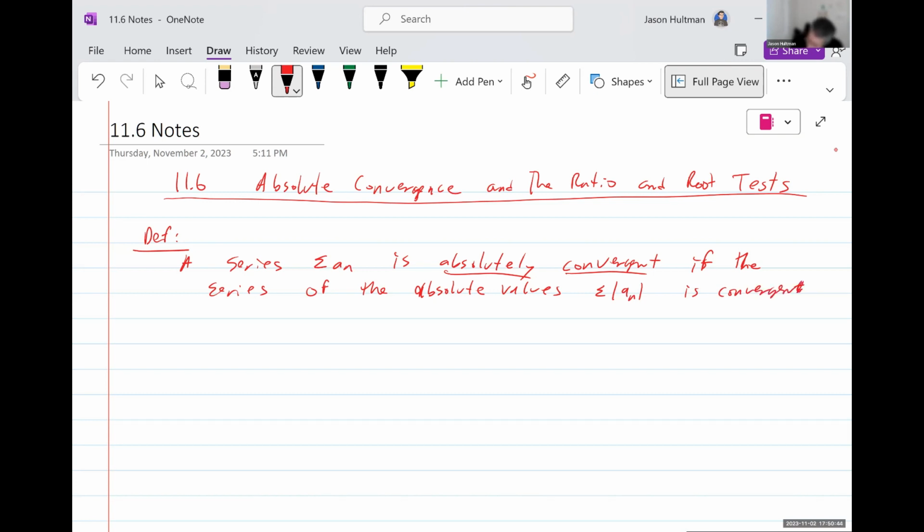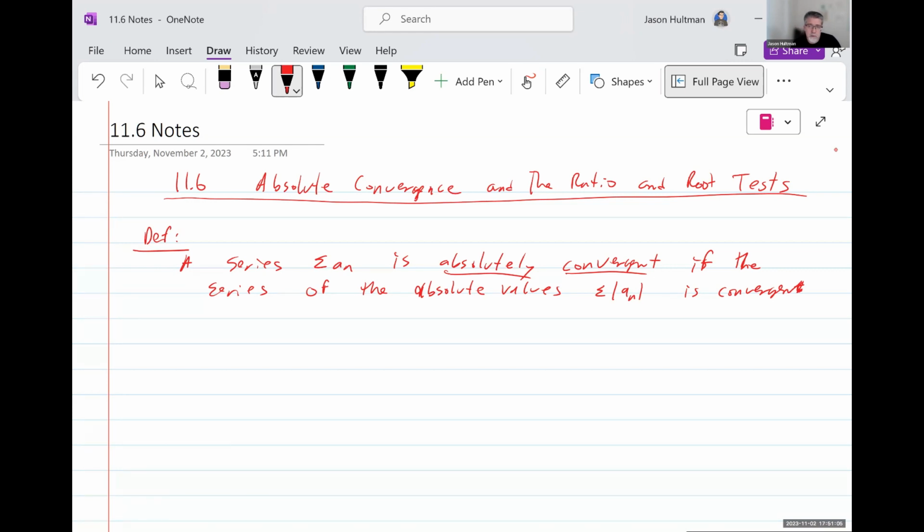Okay, so some series are convergent and some series have this extra ability to be absolutely convergent.